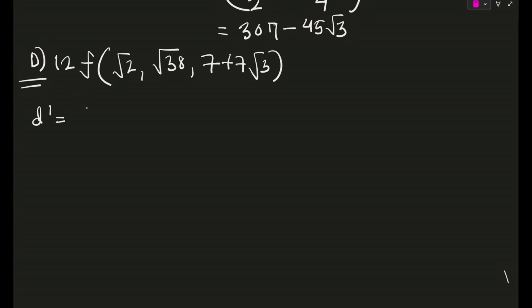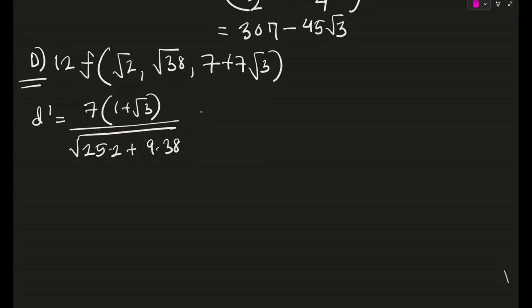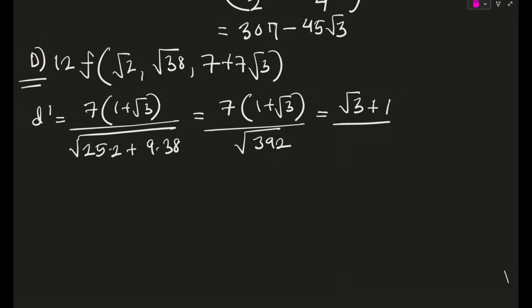So d dash would come out to be equal to 7 into 1 plus root 3 whole divided by, I guess, root under 25 into 2 plus 9 into 38. So this thing would come out to be equal to 7 times 1 plus root 3 whole divided by root under 392. So if you solve this, this would come out to be root 3 plus 1 by 2 root 2. And I hope you can recognize this thing, really famous in trigonometry, right?